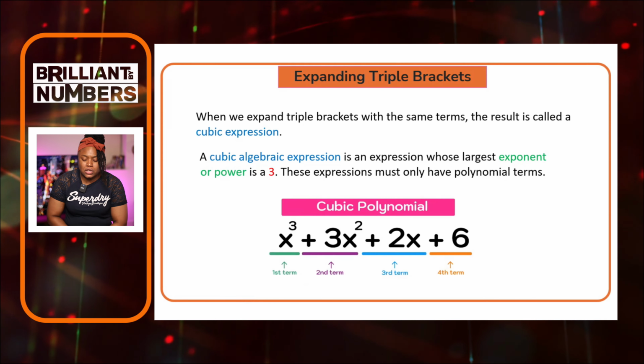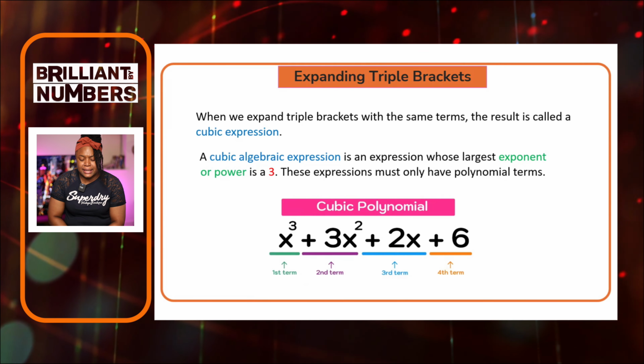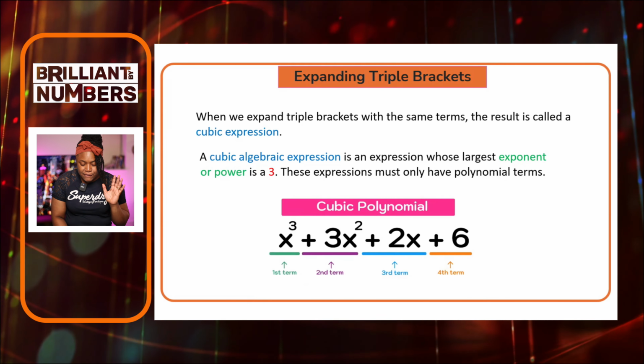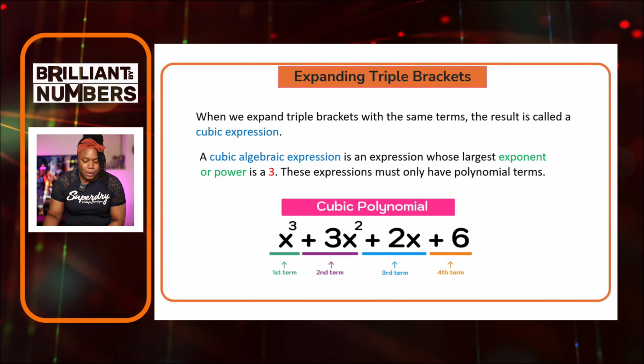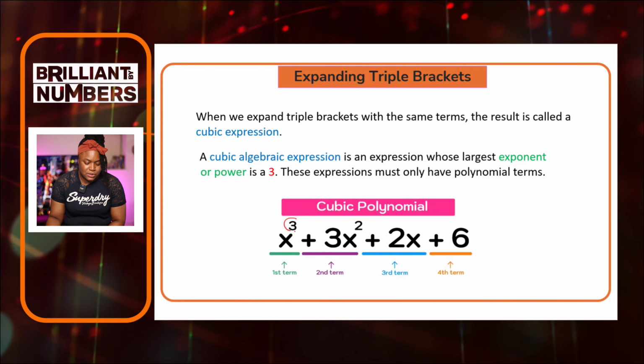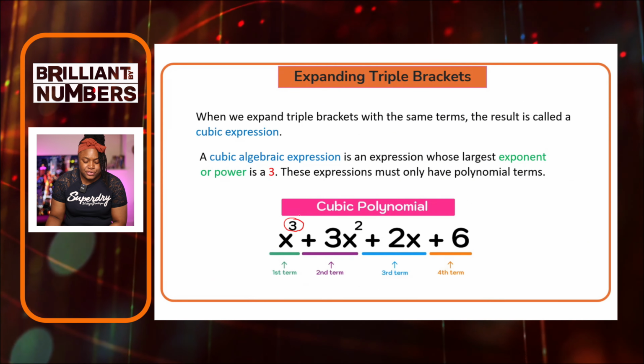In the last lesson also, we talked about what a polynomial was, so you can have a look at that if you haven't yet seen it. So here is an example of what our cubic expression will look like. It will basically have 4 terms. A cubic term, which is the highest power, you can see that here, x cubed, so the highest power is 3.